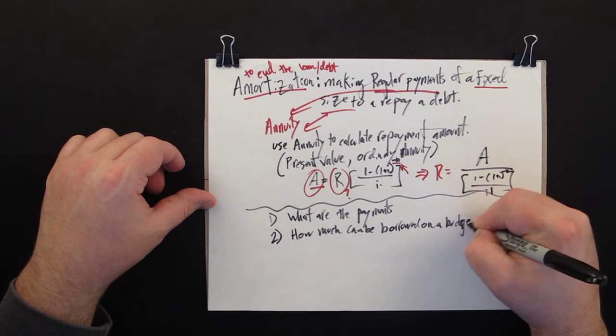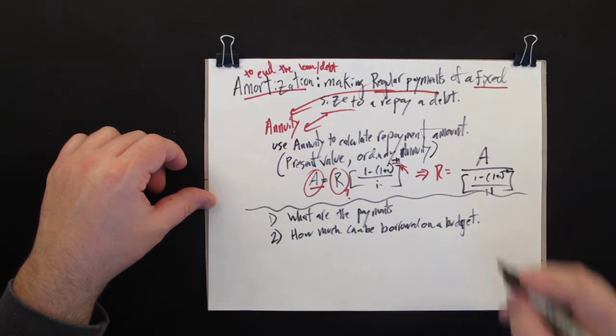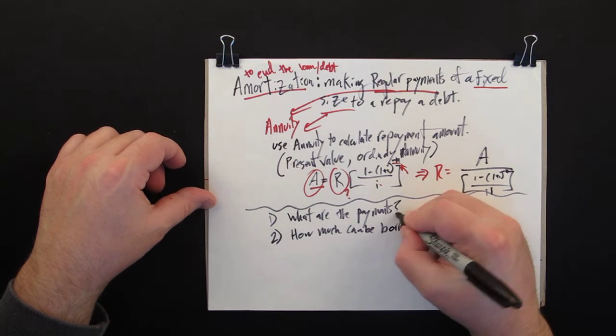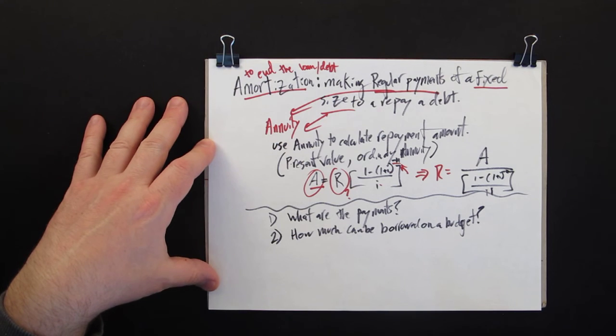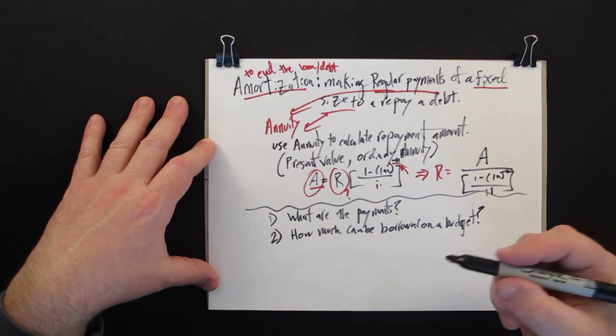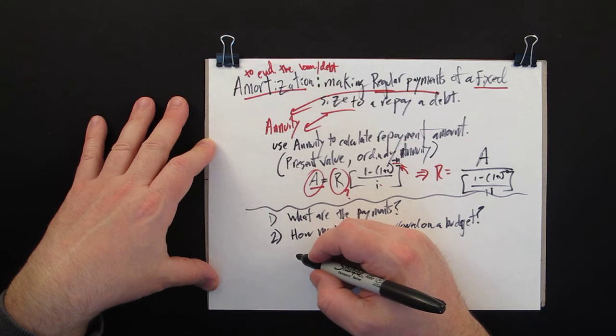So you don't want to take on a car payment or a mortgage that's too large that you can't repay easily. That's kind of a problem.